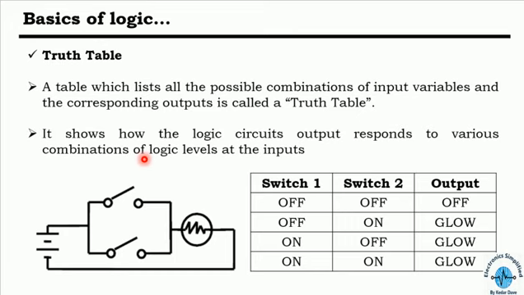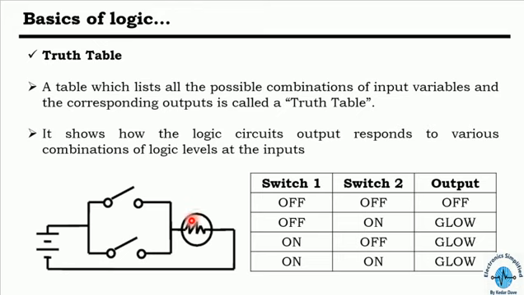It shows how the logic circuit's output responds to various combinations of logic levels at the inputs. Here you can see a particular circuit in which there are two switches, and for the different combinations of the switches we can get different outputs for the bulb.